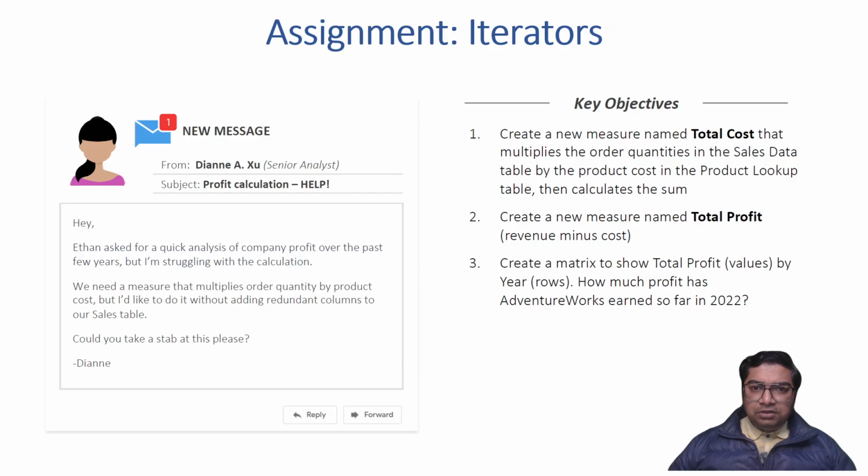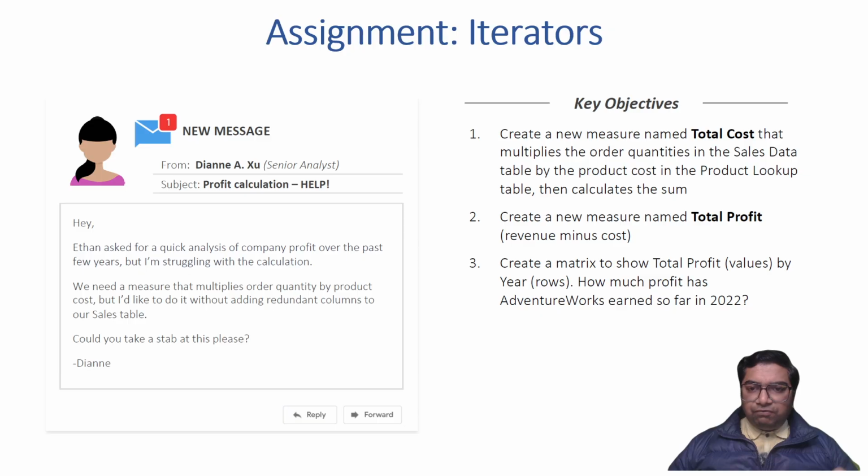Just remember that revenue minus the cost is profit. And third, create a measure to show the total profit value by year, so you can see how much profit has been earned so far in 2022. So that was the assignment in front of us.